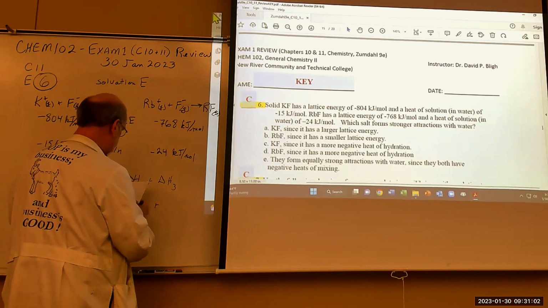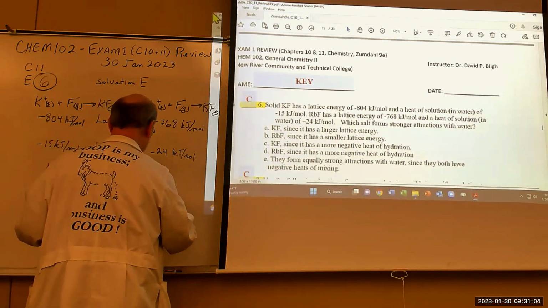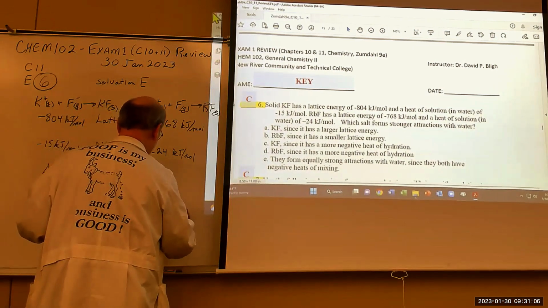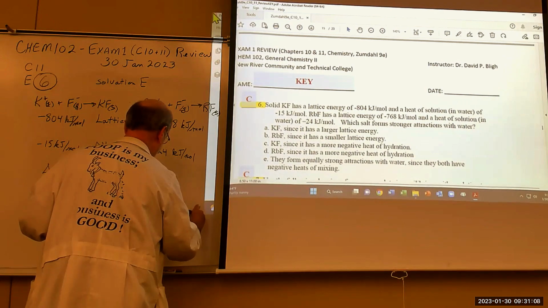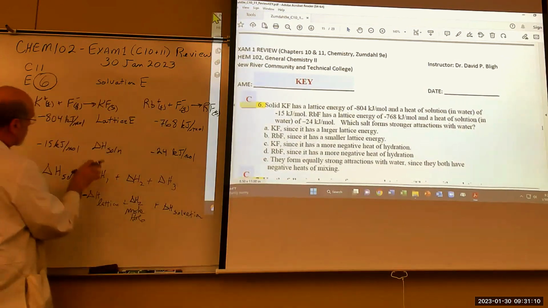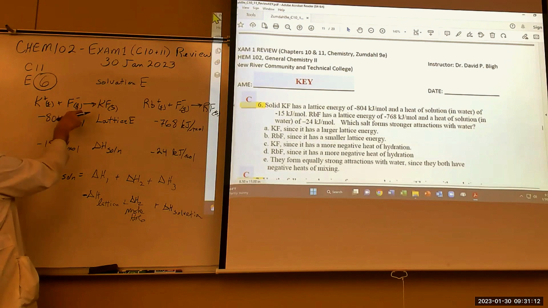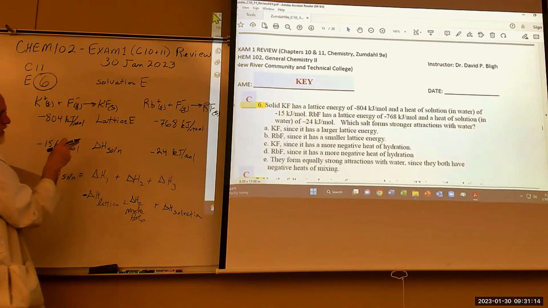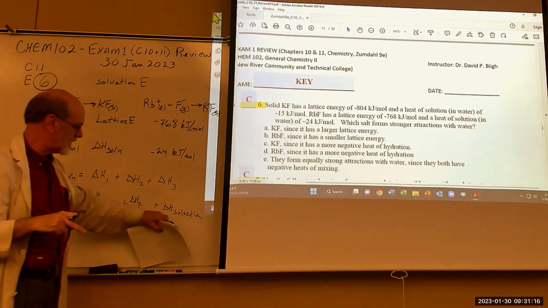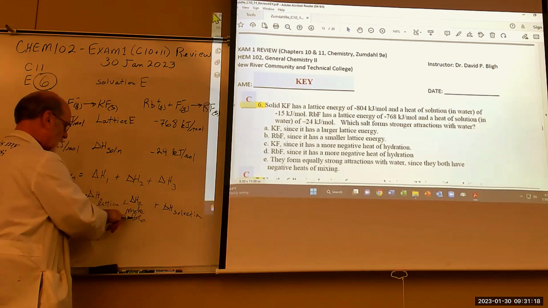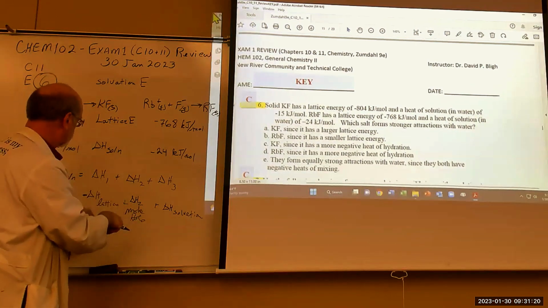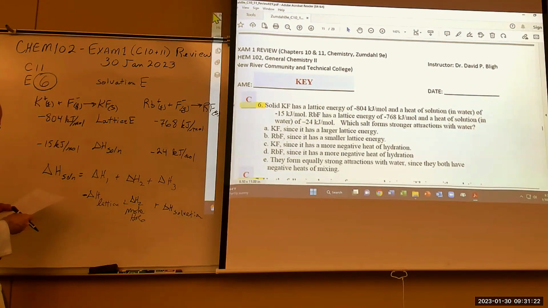And then the last one is the actual heat of solvation. That is when this ion or that ion combines with water molecules. That's the heat here. That's exothermic, and this is endothermic.